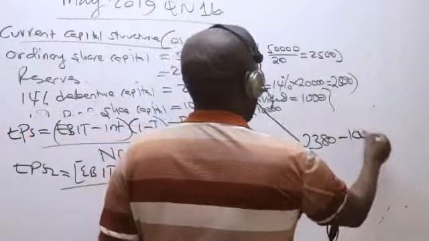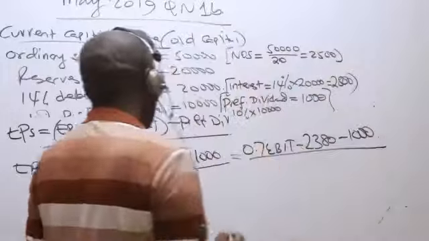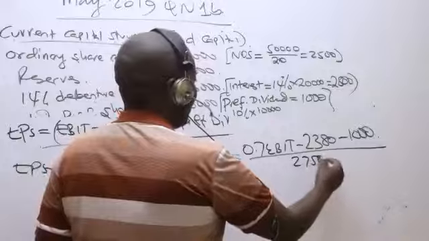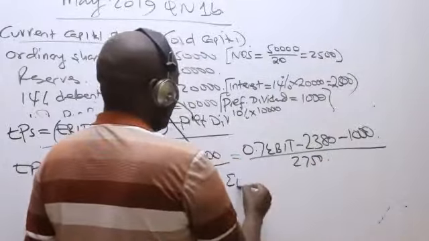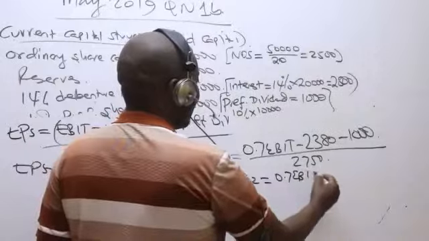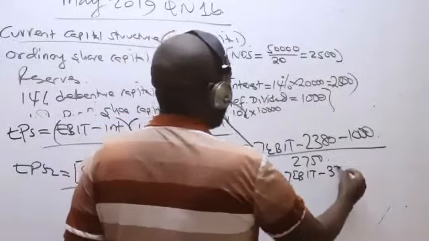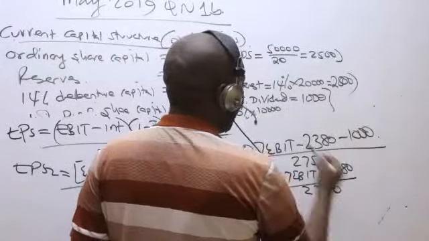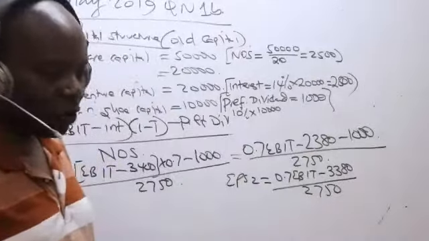Minus 1,000, all over 2,750. So our EPS2 will be 0.7 EBIT minus 3,380, all over 2,750.